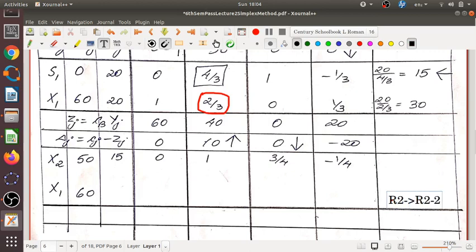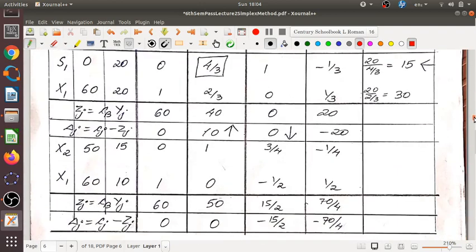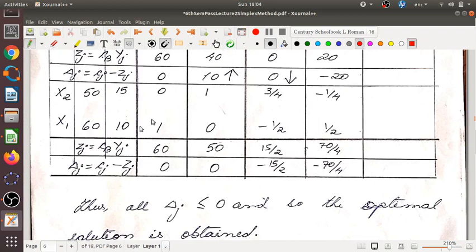If we perform this operation, then we will get the new second row of this table. We can just compute it. It will come as 10, 1, 0, minus half and half.